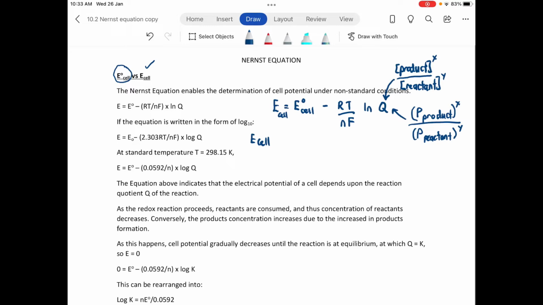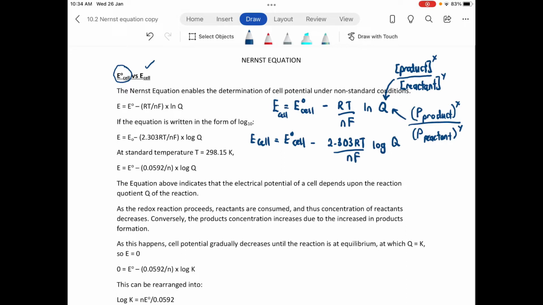Usually ln is not preferable when we are doing calculation, because we seldom use ln. What is commonly used is log 10, not the natural log. So E cell will be E naught cell, with a small change, minus 2.303 RT over NF log Q. Q is still the reaction quotient.